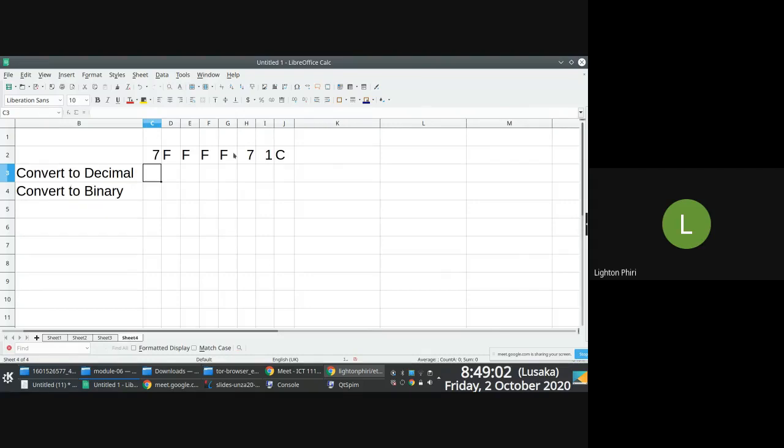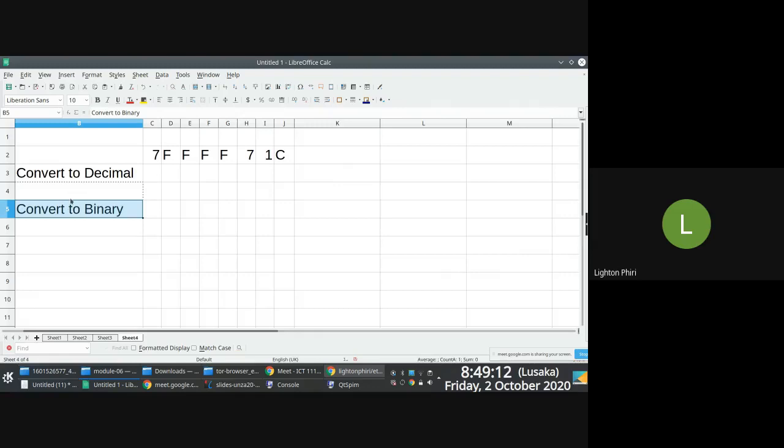Converting 7 to decimal, if you want to use the method we used, by all means do that. When you're converting hexadecimal to decimal, because we're working with just 16 symbols here, you take note of the equivalent decimal symbols.